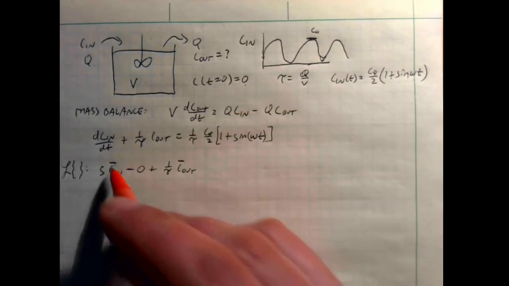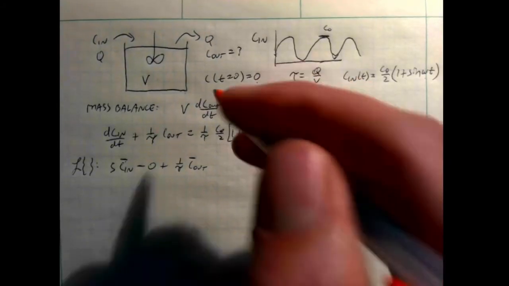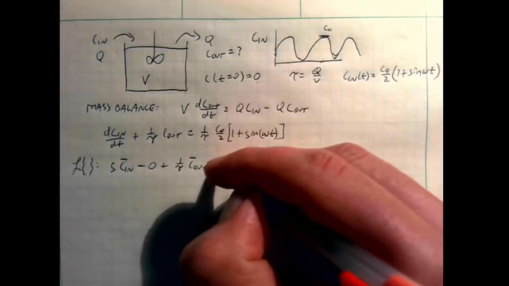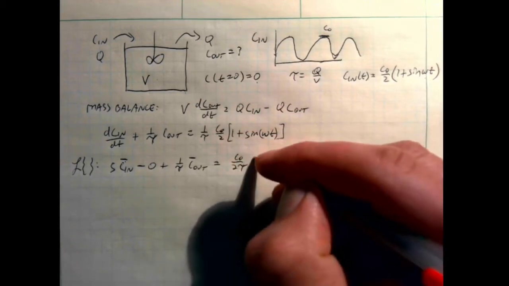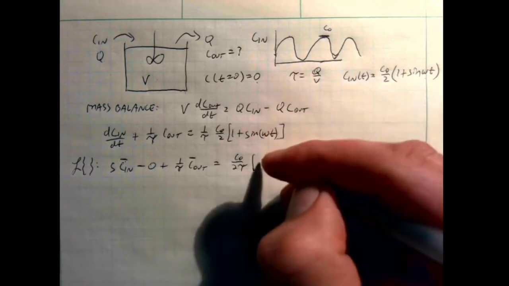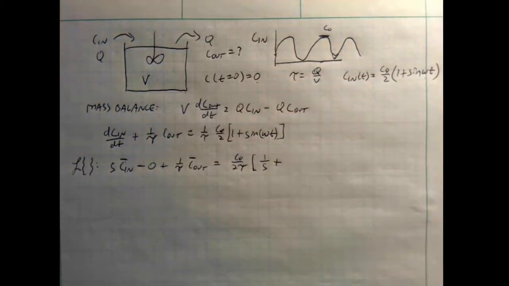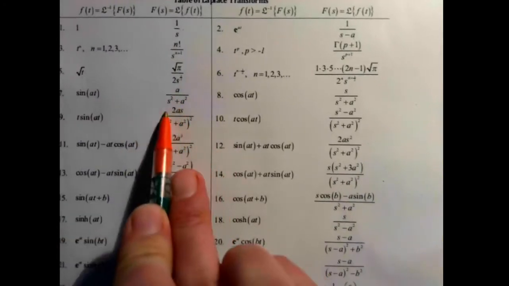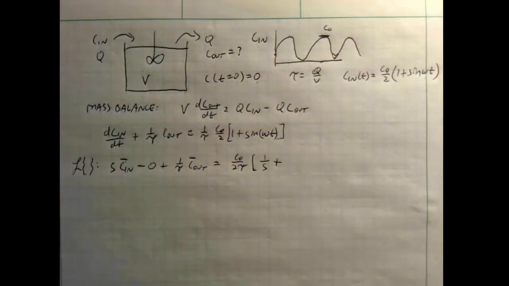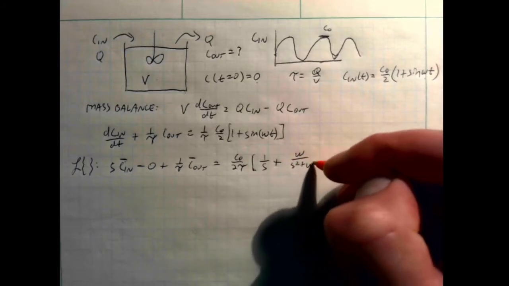Again, I'm using bar here to refer to the version of this dependent variable in the frequency domain. And that's equal to C0 over 2 tau times the Laplace transform of 1, which is 1 over s, plus the Laplace transform of sine omega t, which if I look that up in my table, sine of at is a over s squared plus a squared, so that means we just get omega over s squared plus omega squared.